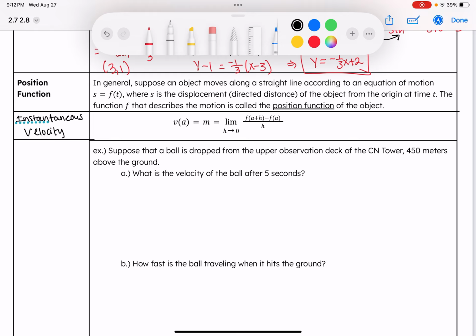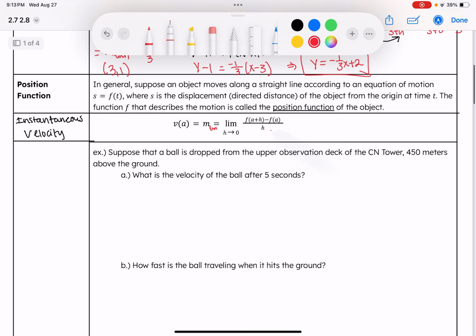Okay, so if you've taken physics, you should have seen position functions, velocity functions, acceleration functions. Our velocity function is actually the derivative of your position function. So we have v of a is equal to the slope of your tangent line for your position function. Again, notice that we're using that limit definition of a derivative.